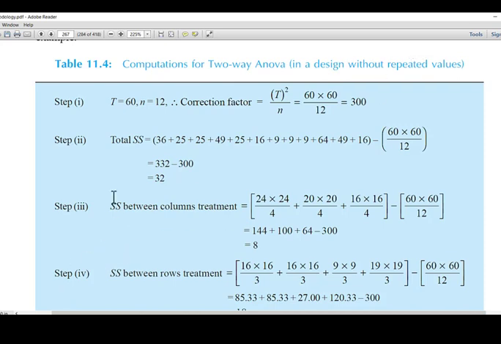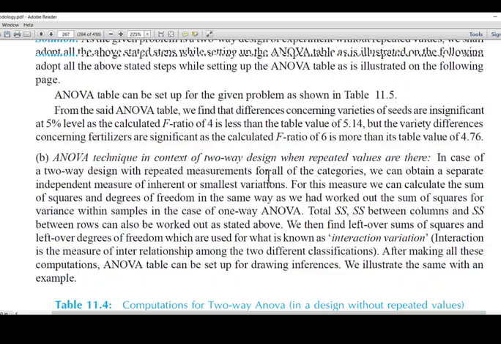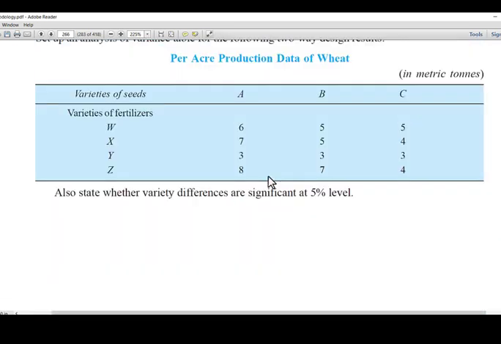Now, total T is given as 60 and N is 12. And what is this T equal to 60? You can get it from here. You make up the summation of this data: 6 plus 5 plus 5 plus 7 plus 5 plus 4 plus 3 plus 3 plus 3 plus 8 plus 7 plus 4.